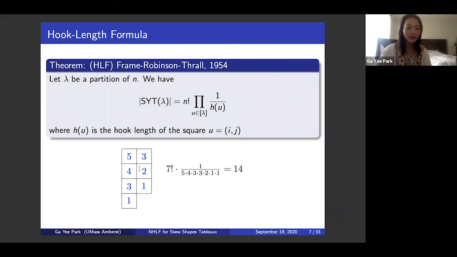So again, this hook is length 4. Take 7 factorial, which is the size of the Young diagram, times 1 over the product of all the hook lengths. This is 14, and there are indeed 14 standard Young tableaux for the shape. And this hook length formula has been studied very extensively.